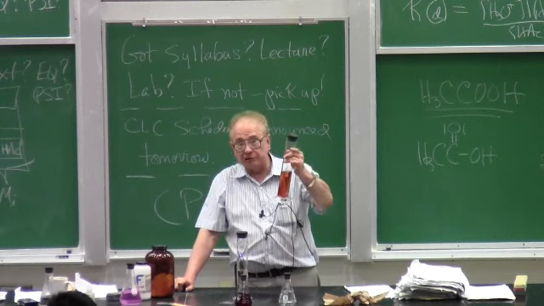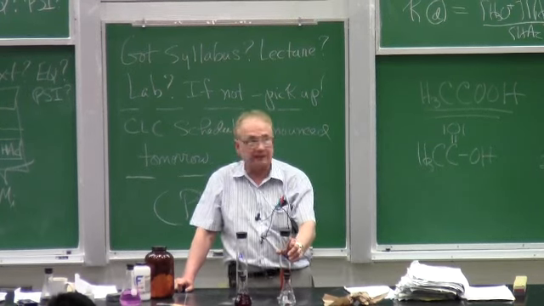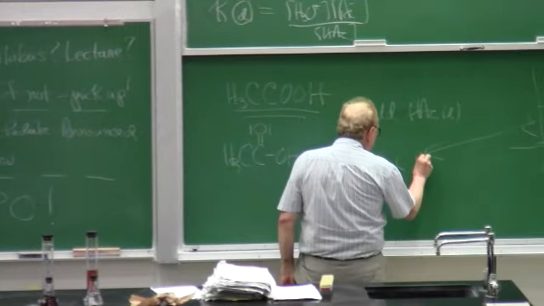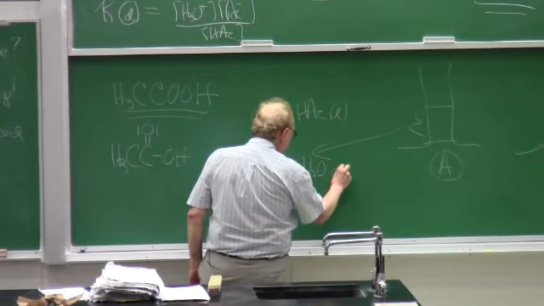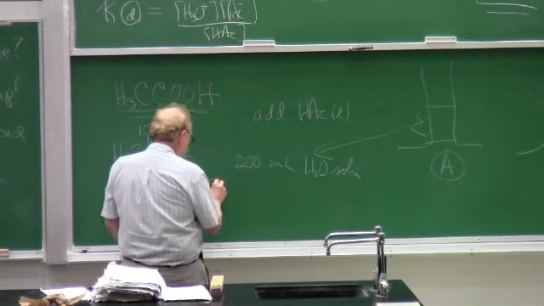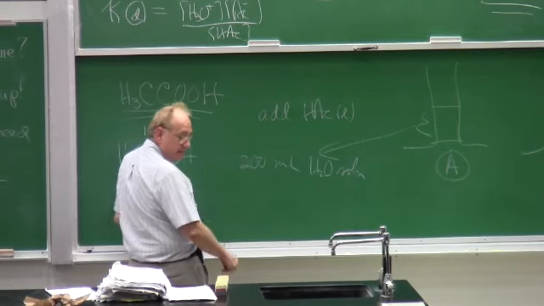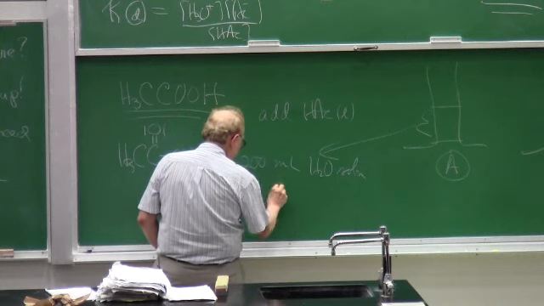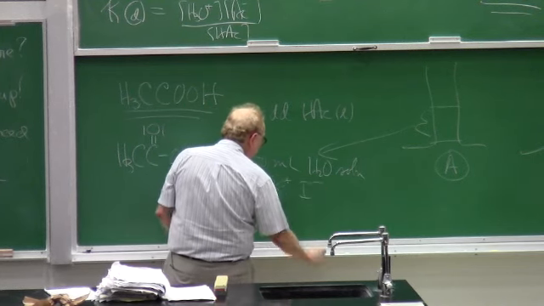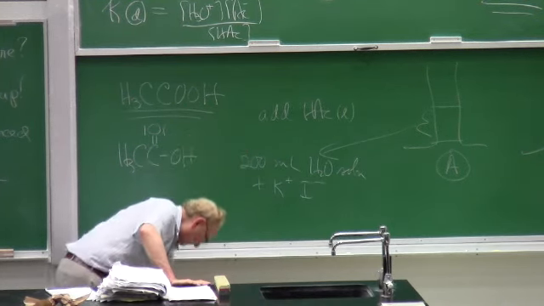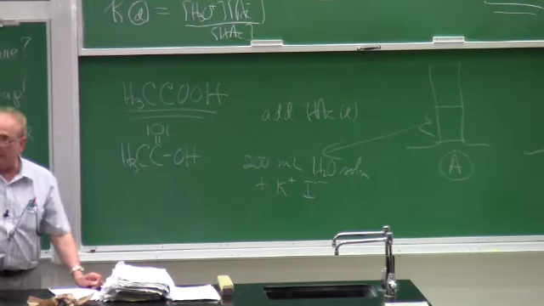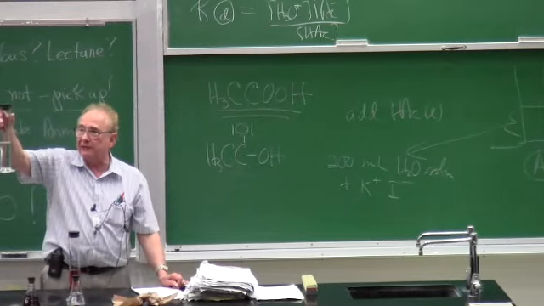This water solution in cylinder B contains some dissolved iodine. 200 milliliters H2O solution in A plus K plus and I minus. So in A, beside the water, I dissolve some potassium iodide.